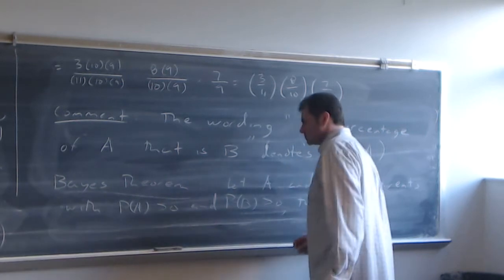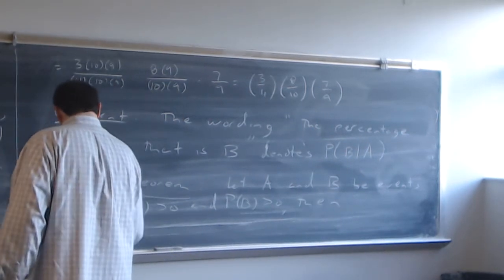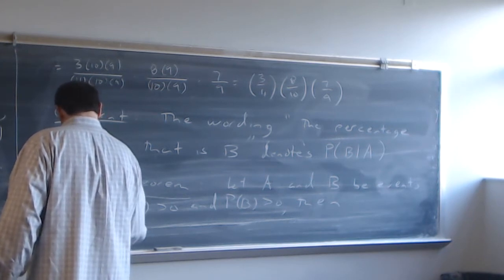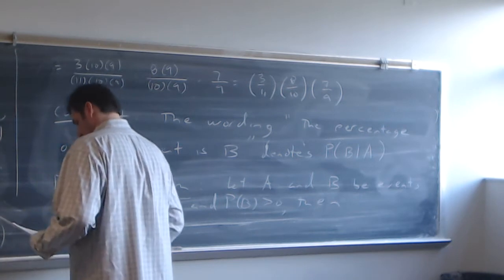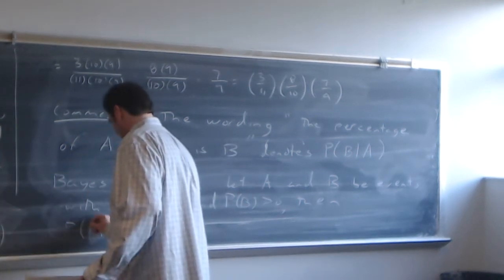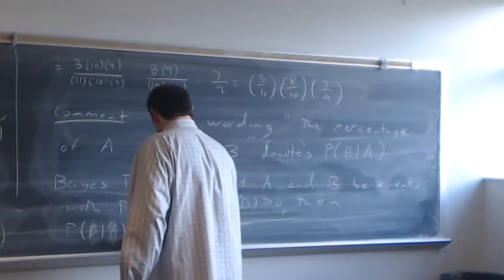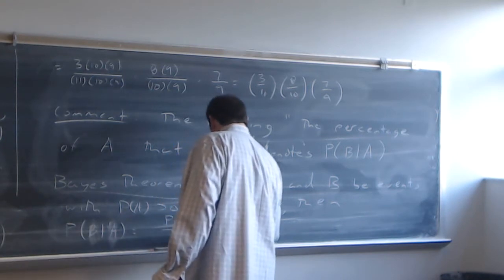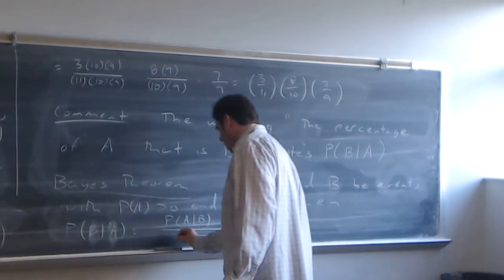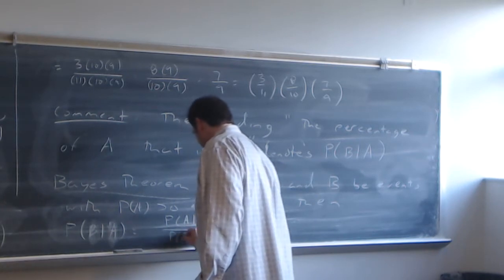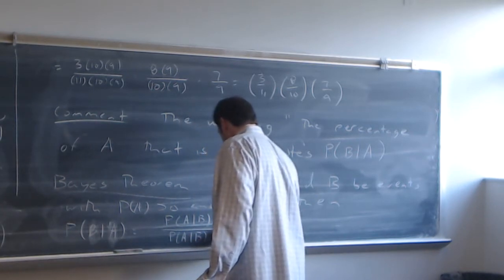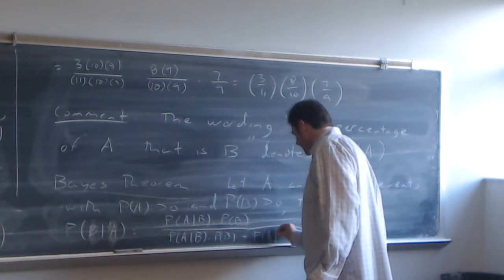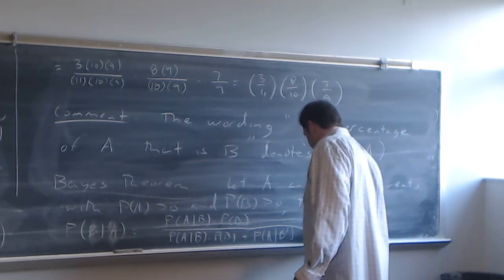Then the probability of B given A, well, let's say of A given B. No, I'll write it down just to keep matching my notes. So B given A is equal to the probability of A given B times the probability of B, all over the probability of A, at least initially: A given B times the probability of B, but then plus, in the bottom, the probability of A given B complement times the probability of B complement.